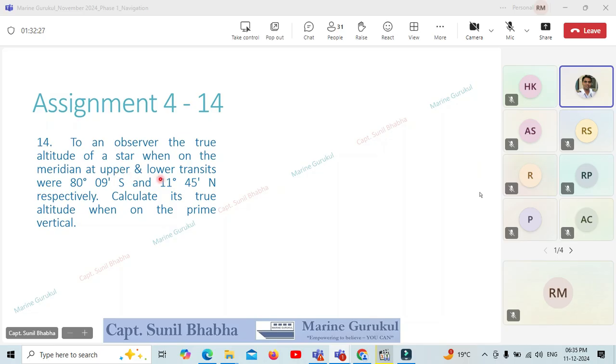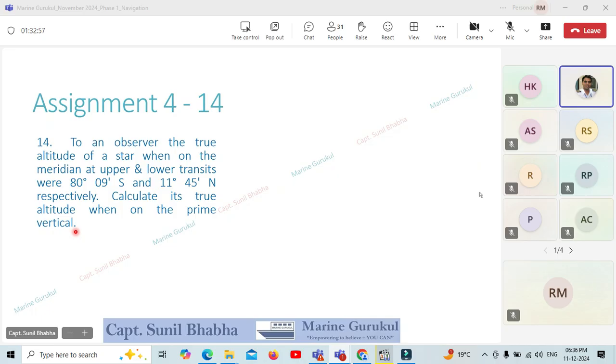And upper and lower transit, or upper and lower meridian passage, occurs only if a body is circumpolar. So its altitude was 80 degrees 9 minutes in the southerly bearing, and 11 degrees 45 minutes on the northerly bearing. Calculate its true altitude when on the prime vertical.